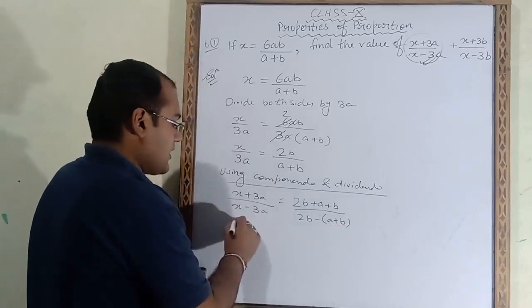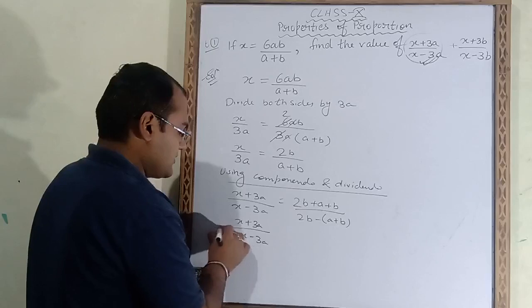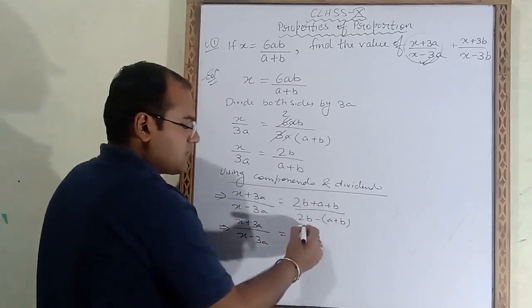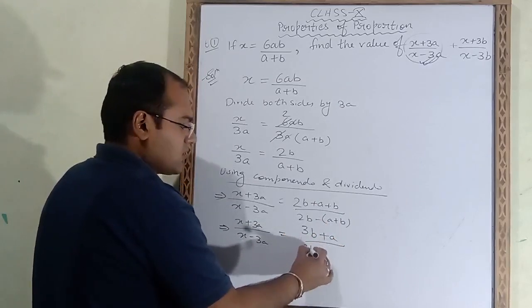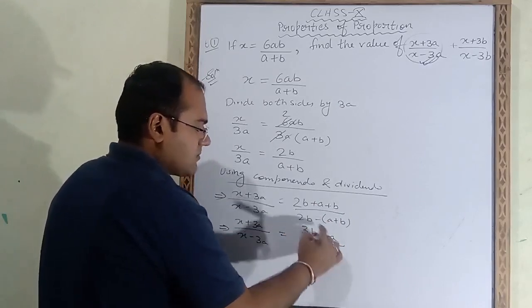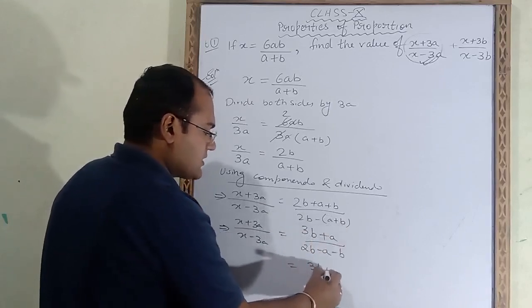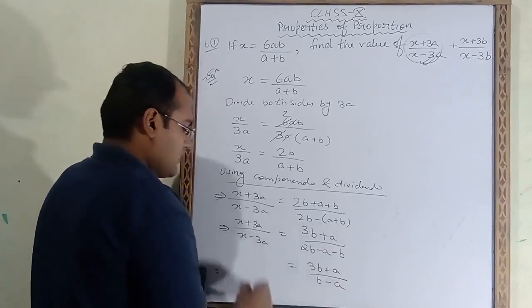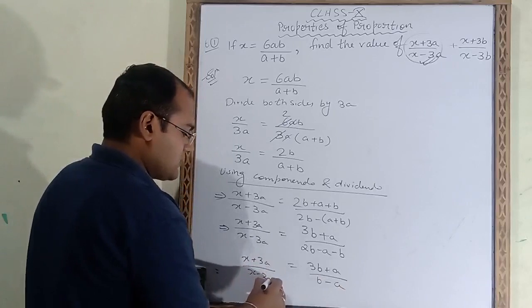Now x plus 3a upon x minus 3a will remain as it is, equal to 2b plus a plus b upon 2b minus a minus b. So on solving it, 3b plus a upon b minus a. This is the answer of x plus 3a upon x minus 3a.